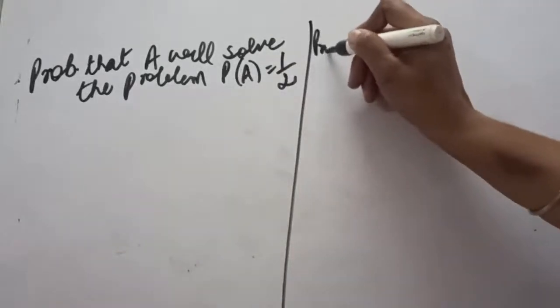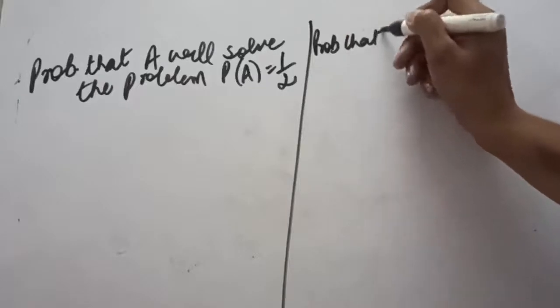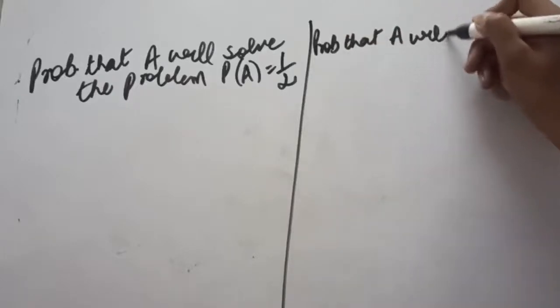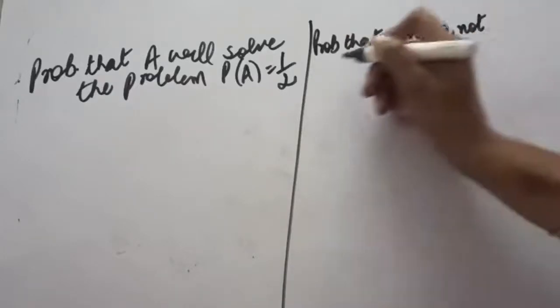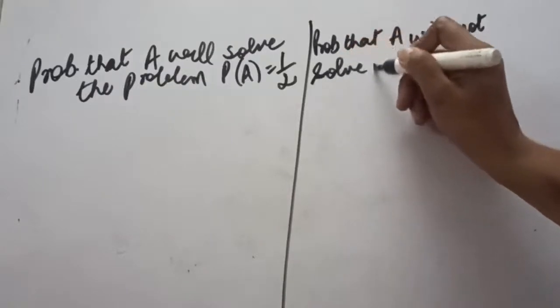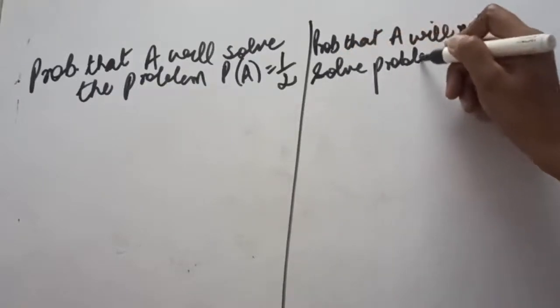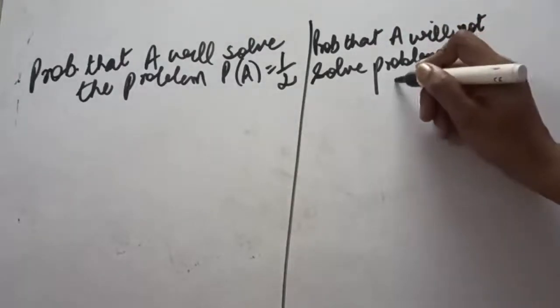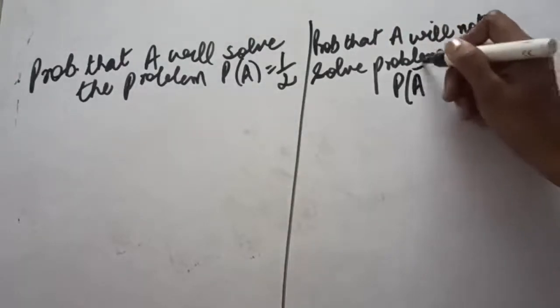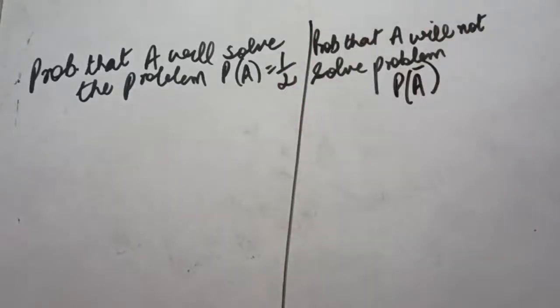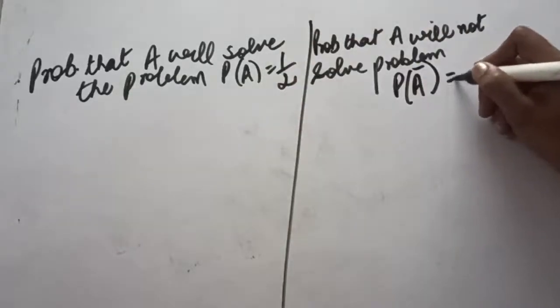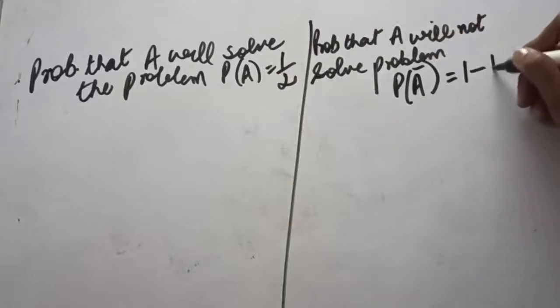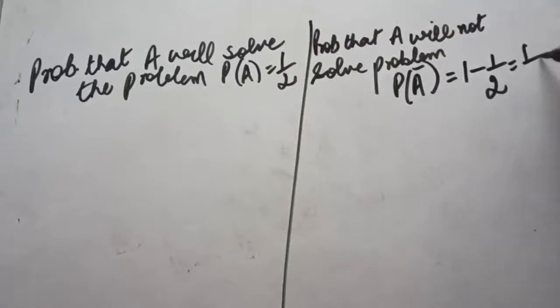So we will write here the probability that A will not solve the problem. As I told you, in case of an at least question, we have to go the negative way. It will be denoted with PA bar. The probability of not solving will be 1 minus 1 upon 2, so it will be 1 upon 2.